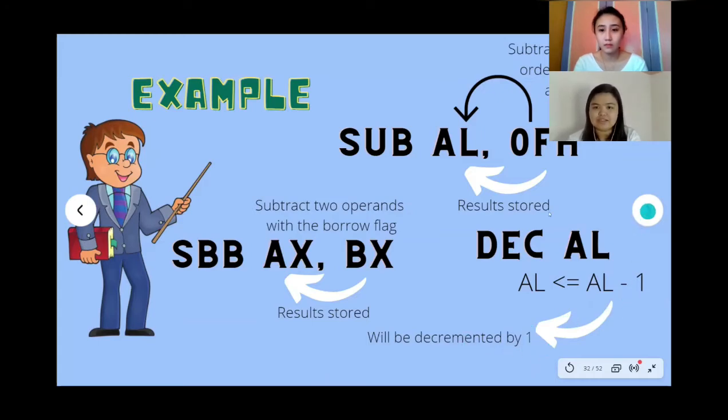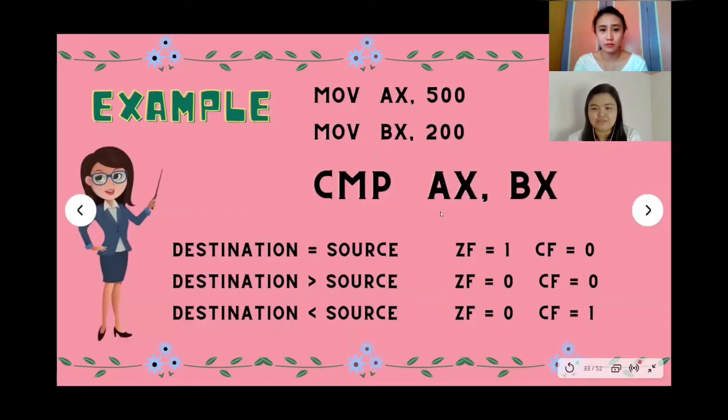So next. Okay, when comparing 2 contents, I have here CMP AX and BX. So assume these are the values.